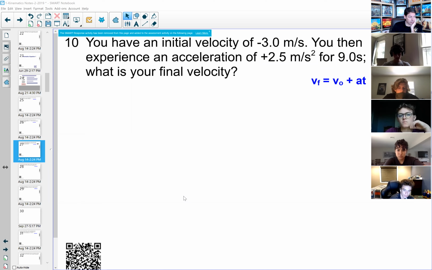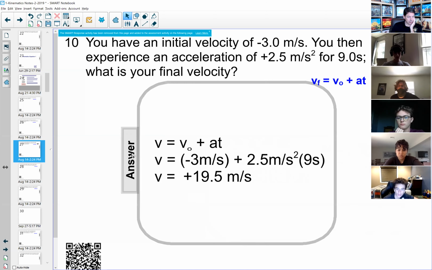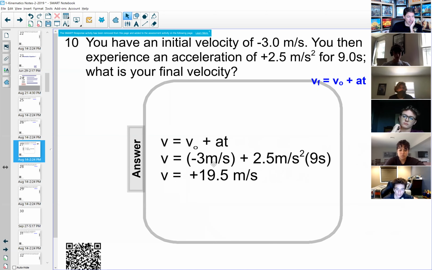I'm seeing a few, mostly positives, a few negatives, and some with no sign. So we need to have a sign because velocity is a vector. The sign should be positive because we've got a negative initial velocity, but our acceleration is positive.